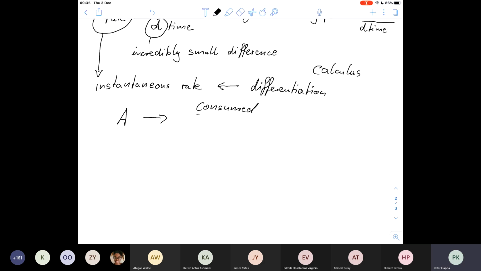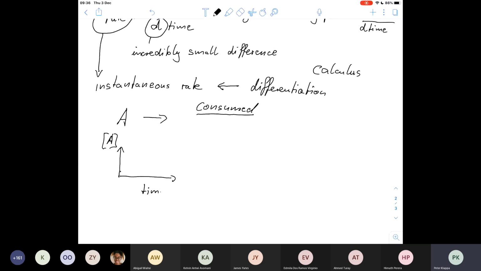And we are looking exclusively at the consumption of A at the moment. We will change the point of view a little bit later. So we start with a concentration of A. That's our starting point. And here we have time.